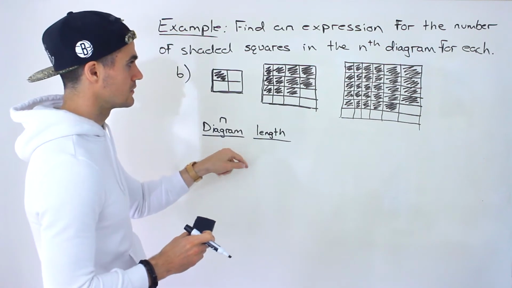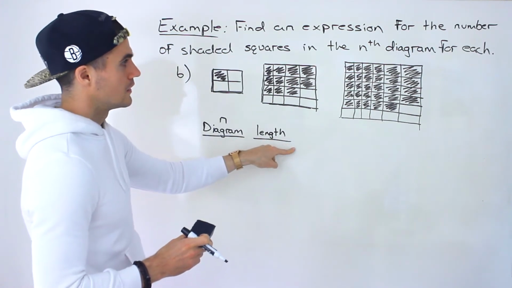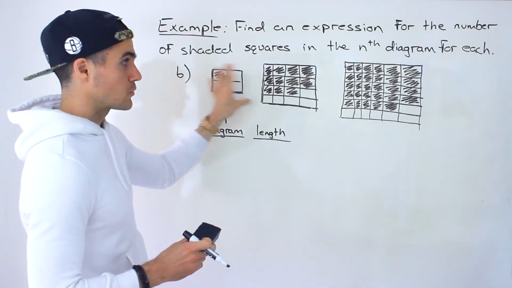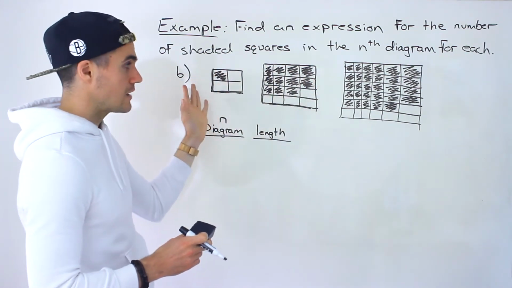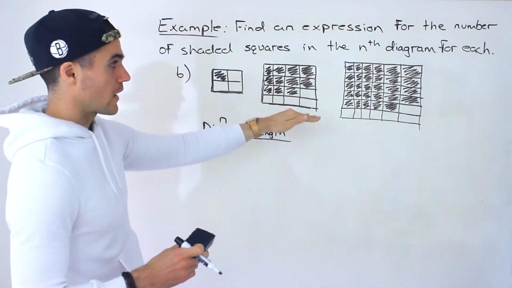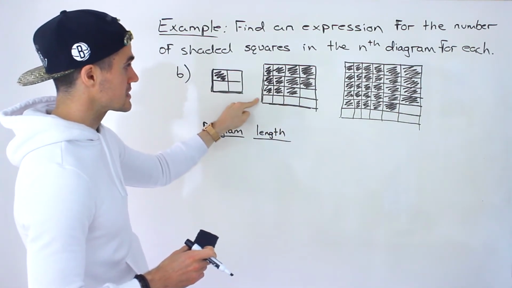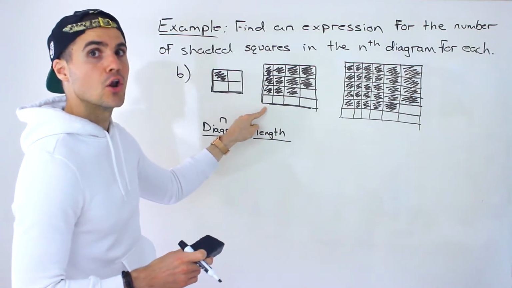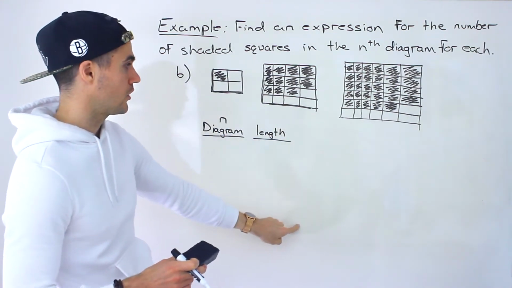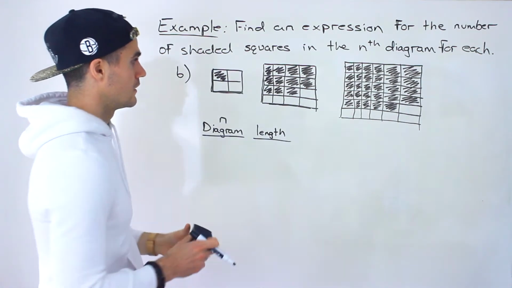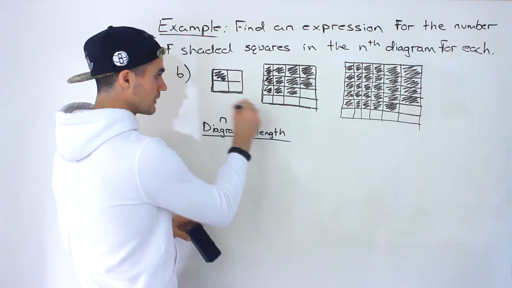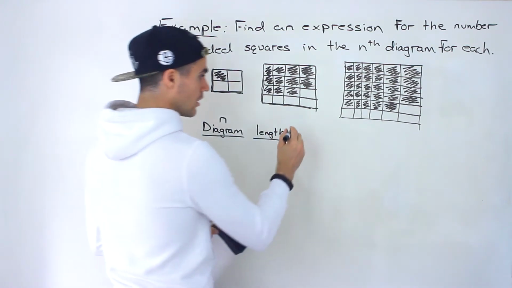Again, we're dealing with squares, but there can be questions where you're dealing with rectangles, where the length and the width aren't the same, and then you for sure want to make 2 different columns. Luckily we're still dealing with squares, so we could just have one column.